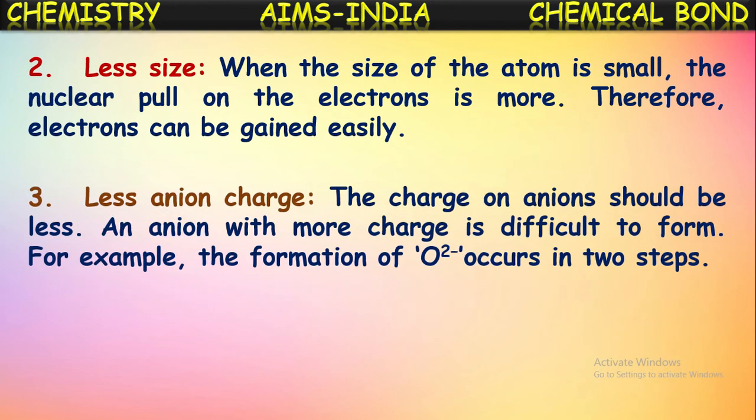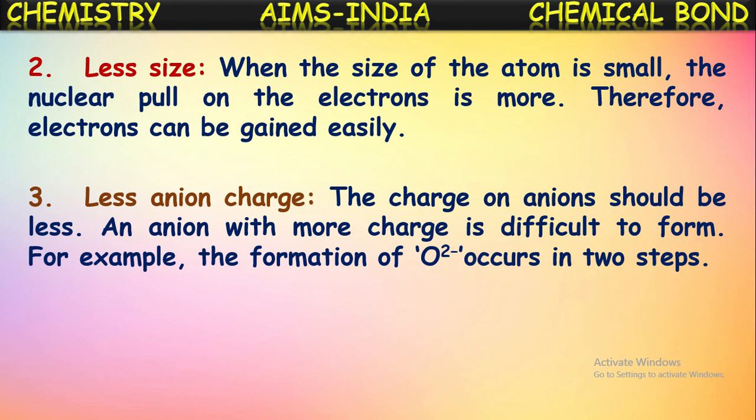Next property, less anion charge. It is similar to that of less cation charge. Here also, anions should have a smaller charge, then they can form strong ionic bonds. So if they have less charge, it is easy to form. The charge on an anion should be less. An anion with more charge is difficult to form.